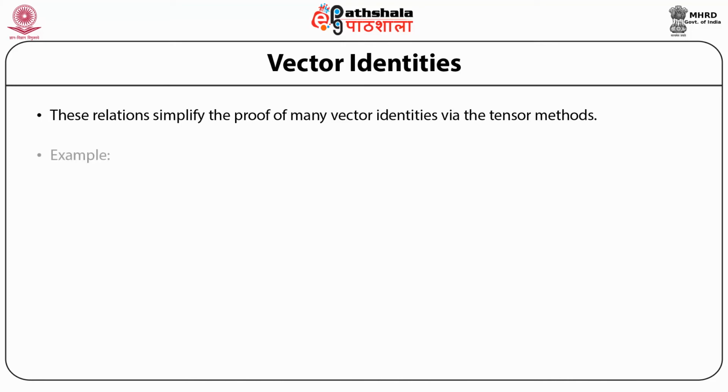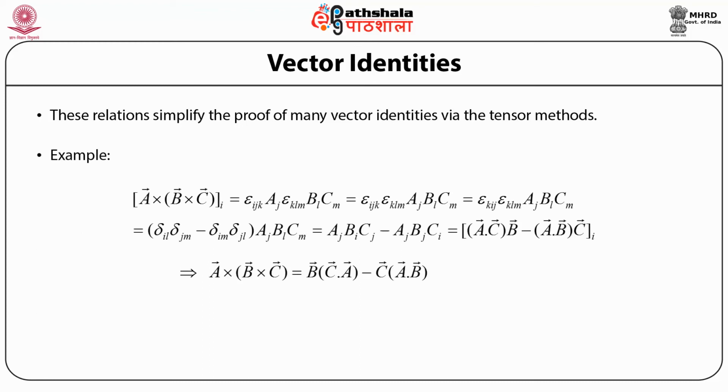So let us, as an example, consider a vector cross (b vector cross c vector), whole with index i, equals epsilon ijk aj epsilon klm bl cm, equals epsilon ijk epsilon klm aj bl cm, equals epsilon kij epsilon klm aj bl cm, which equals (del il del jm minus del im del jl) into aj bl cm, equals aj bi cj minus aj bj ci, equals (A vector dot C vector) into B minus (A vector dot B vector) into C, whole with index i.